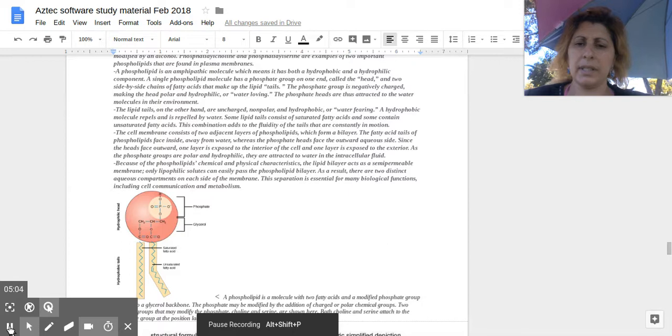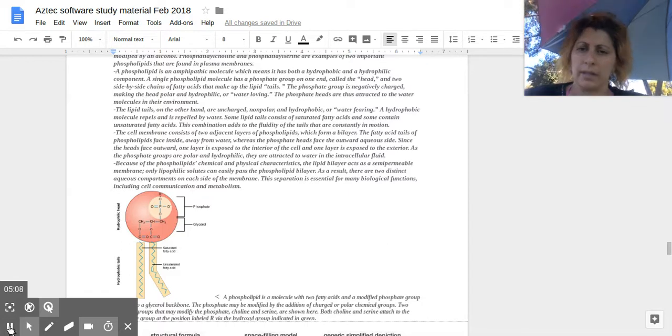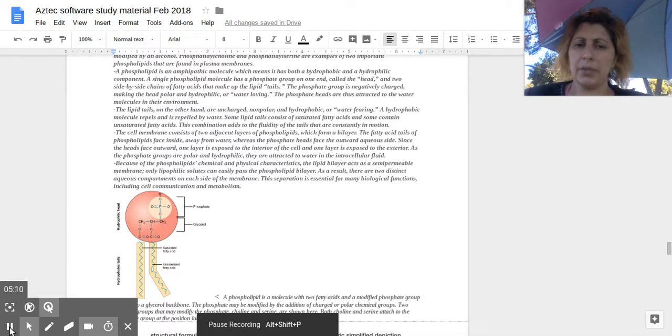The two adjacent layers of phospholipids form the bilayer. The phosphate heads face outward, toward the aqueous sides. The phospholipid fatty acid tails face the inside of the double layer.